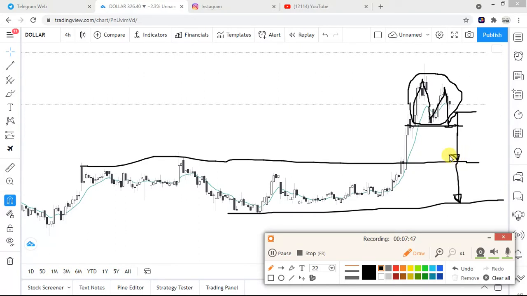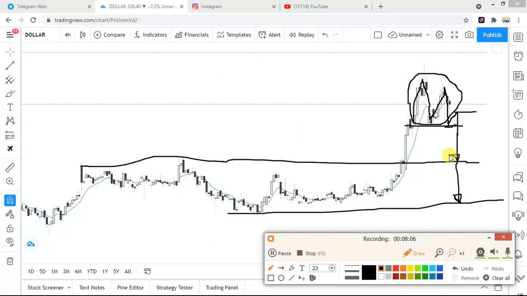So what do you have to do to make an exit? We make an exit at the area of a major zone. That major zone should be either a support or resistance.